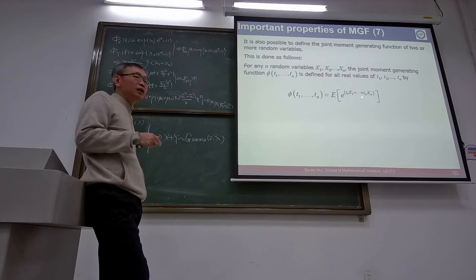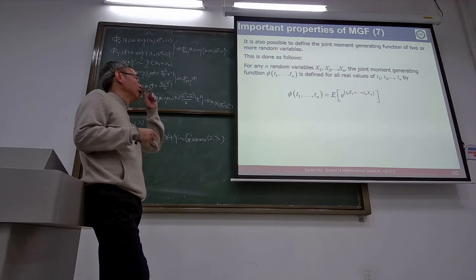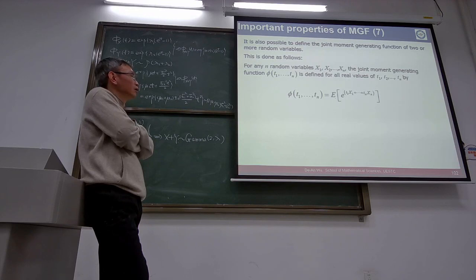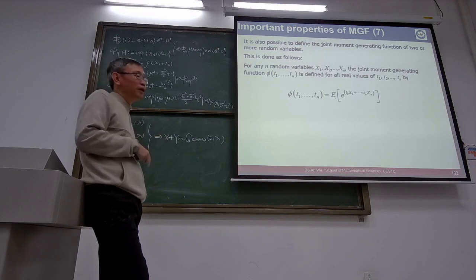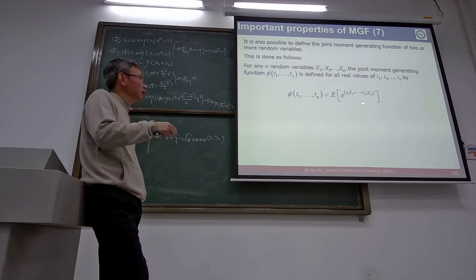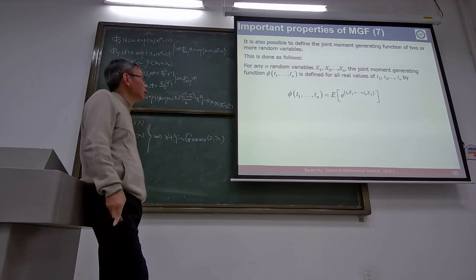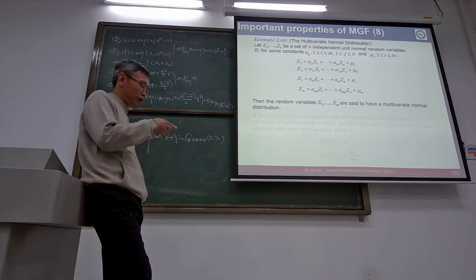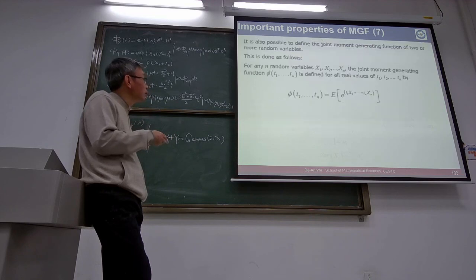The sequence of x is treated as a vector, with coefficients t1, t2, and tn, the sum of them a linear combination of x. Then the random variables are said to have a multivariate normal distribution here.